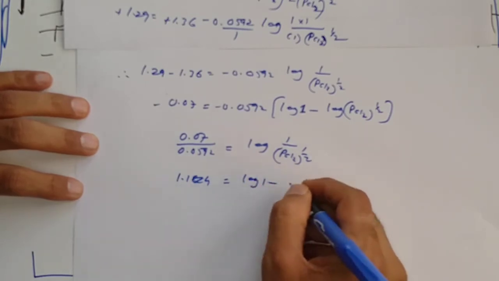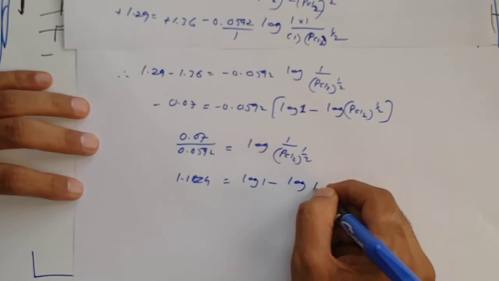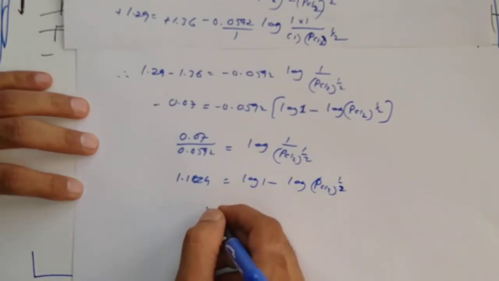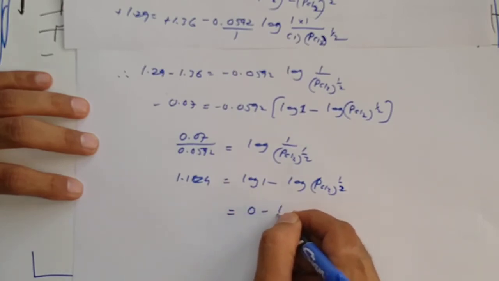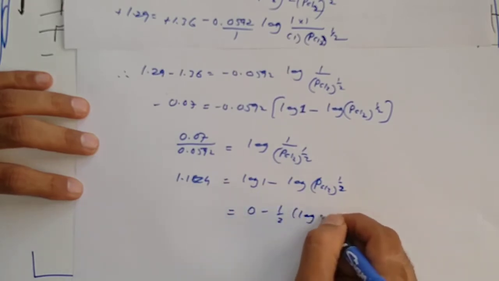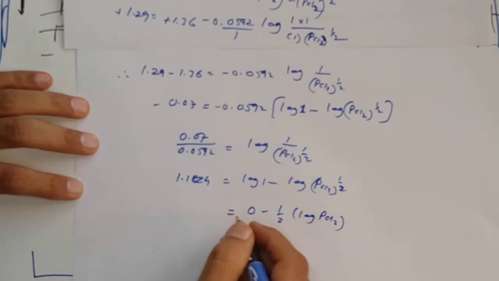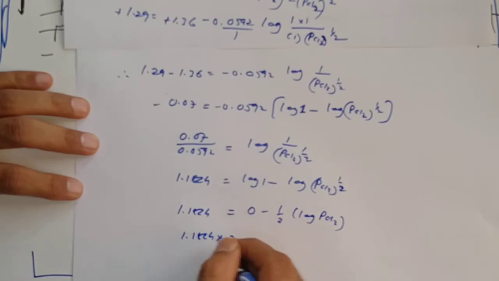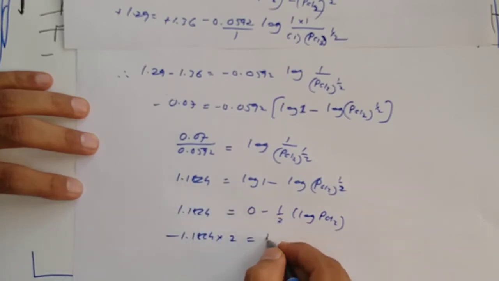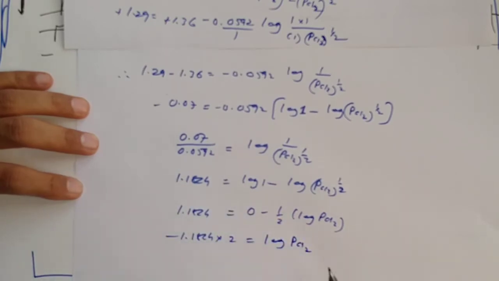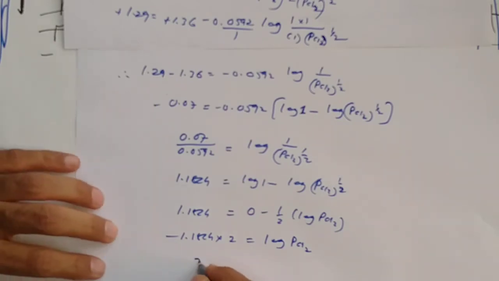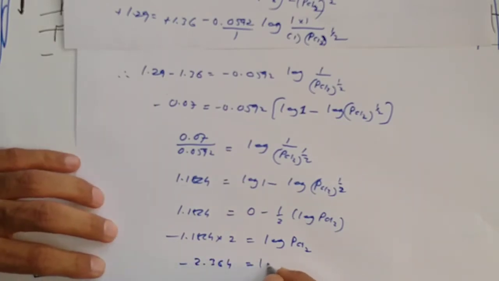So log 1 minus log: log 1 is 0, so 1 half log pressure of Cl2 equals 1.1824. Multiplied by 2, the log of the pressure of Cl2 becomes 2.364, with a minus sign.